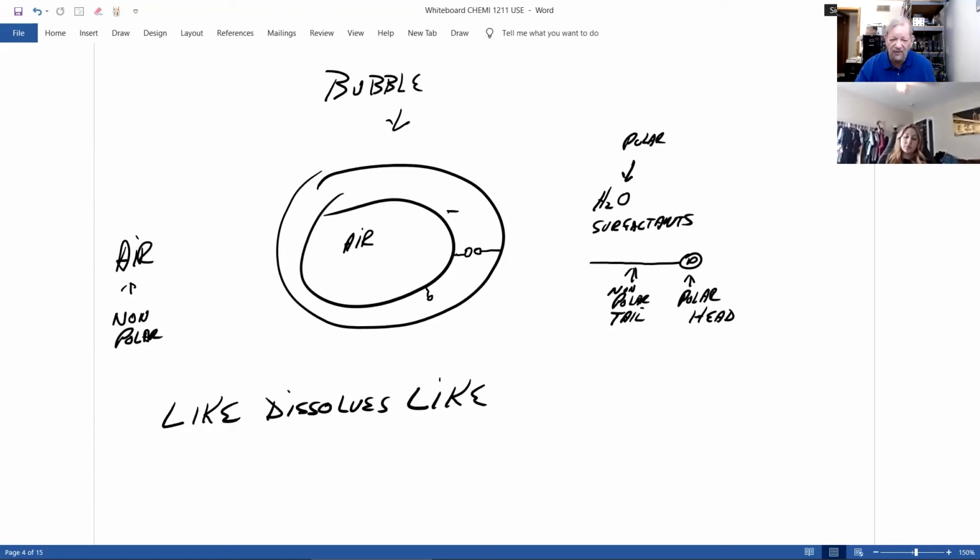So all around this bubble, you have this form. And guess what these are? Another form of a micelle. And that's how a bubble is made. And what you need is water and surfactants.